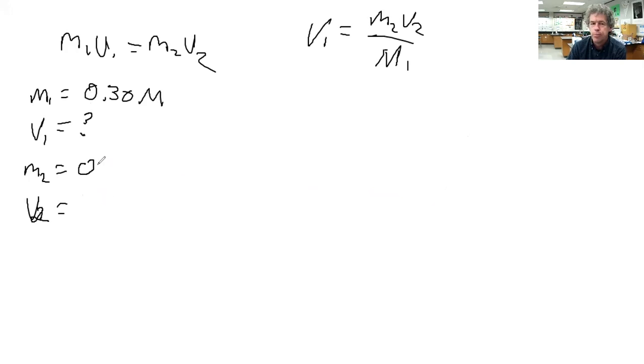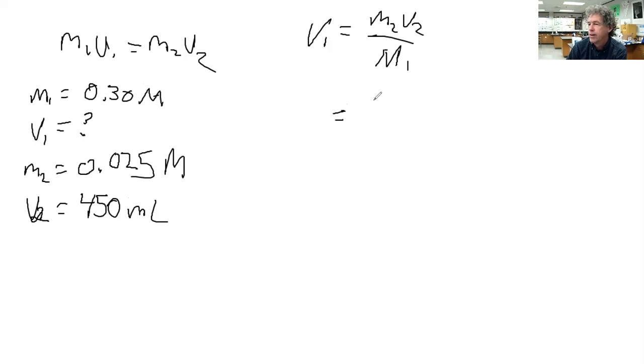It's 0.025 molar. And our V2 is 450 milliliters. So we again have three of the variables and we're solving for the fourth.